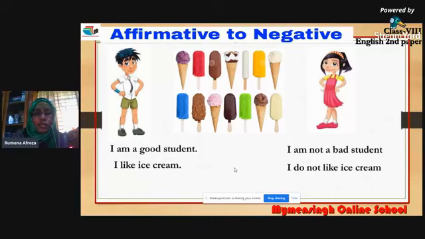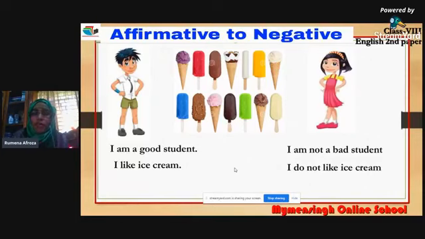I'm a student, I'm not a bad student. I like ice cream, I don't like ice cream. Both are negative sentences, but in the first negative sentence the meaning is the same, while in the second negative sentence the sentence has been changed and the meaning also has been changed.